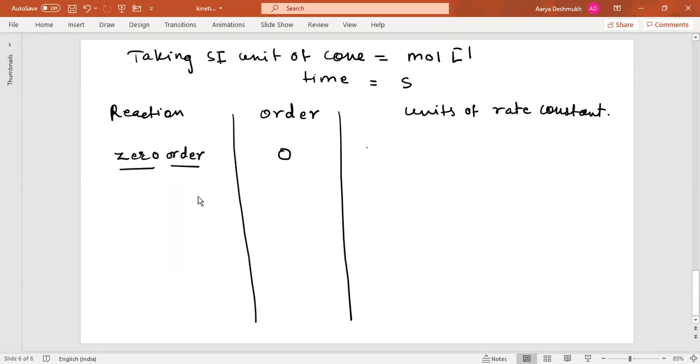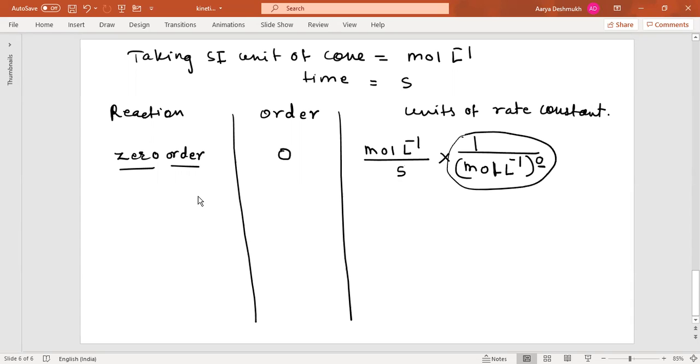That will be equal to mole per liter divided by second, into 1 upon mole per liter raised to 0. 0 means this is the order of the reaction. So this whole quantity will be equal to 1.